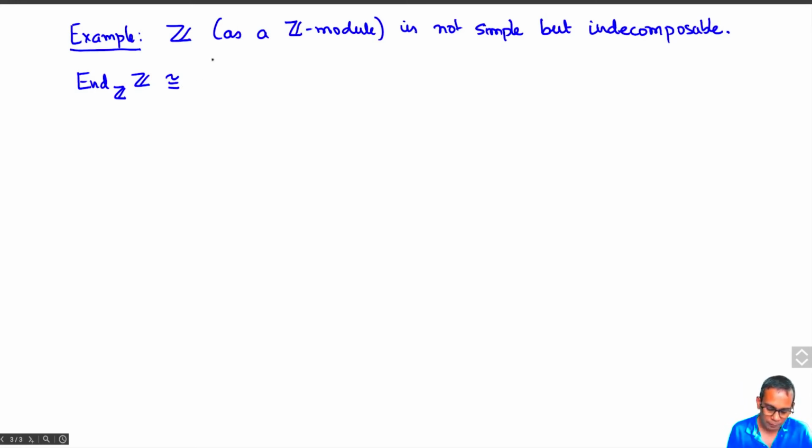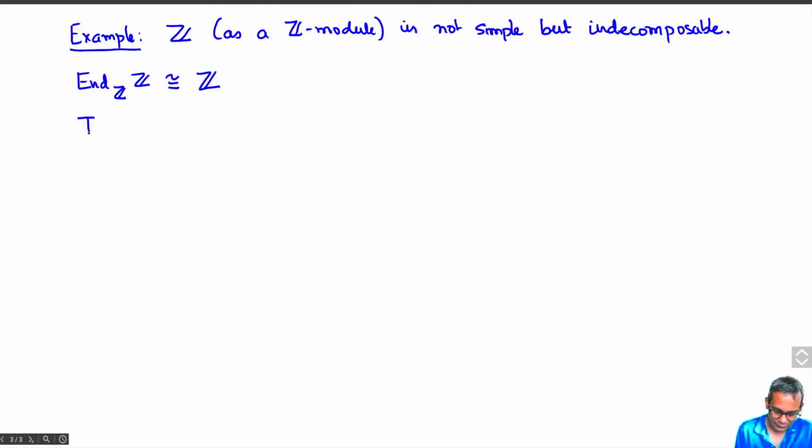But 1 can go to any integer, and so End_Z(Z) is isomorphic to Z. And further, you can check that the operation of composition corresponds to multiplication of integers, and the operation of pointwise addition, well, that's more obvious, corresponds to addition of integers. So as a ring, End_Z(Z) is isomorphic to Z.